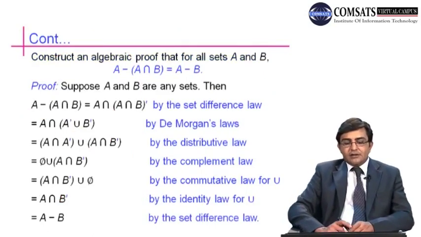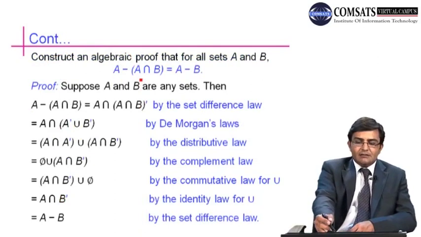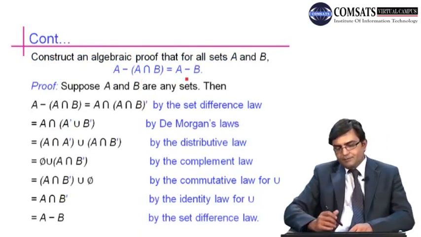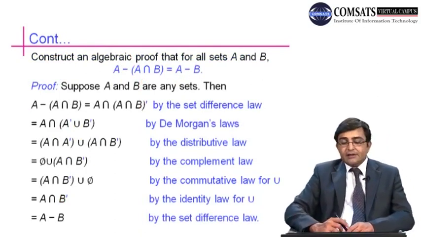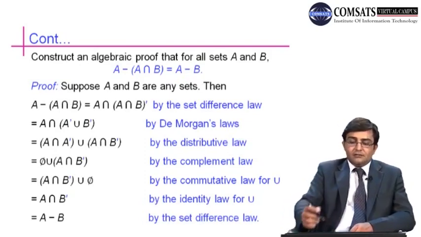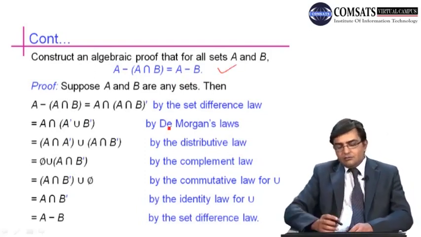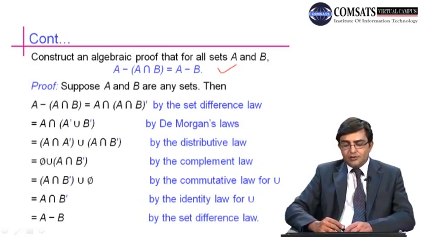Another property for sets which we have to prove is that A minus (A intersection B) is equal to A minus B. So this is another important property for set identities. We take the left hand side and we use the same process to prove this property.